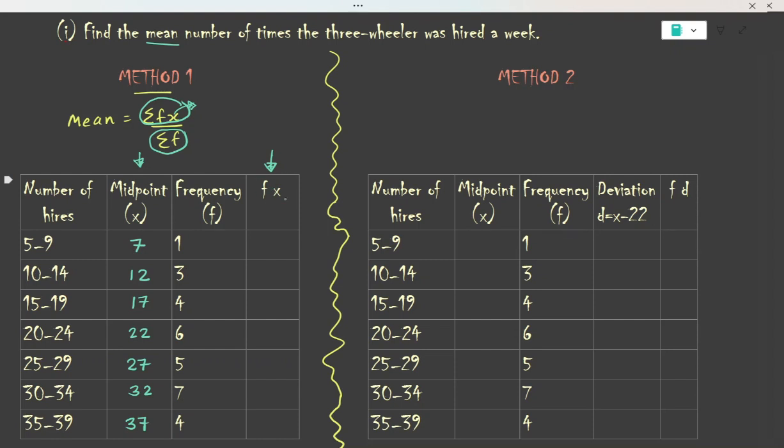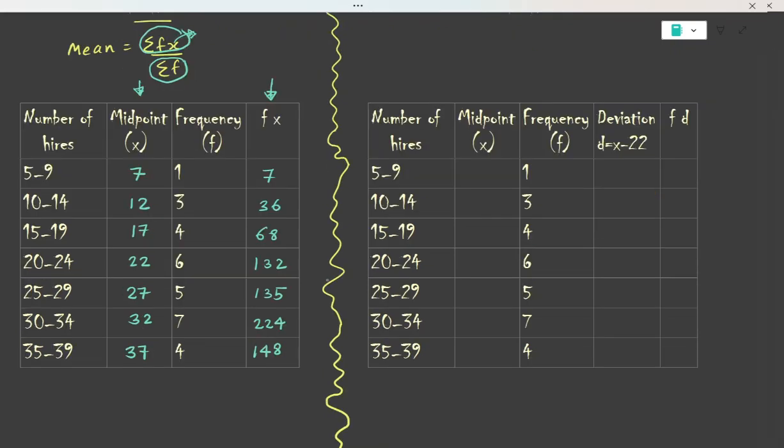The fx column is the multiplication of the f column and the x column. 1 times 7 is 7. Similarly, let's complete the fx column. Now let's take the addition of the fx and f columns.